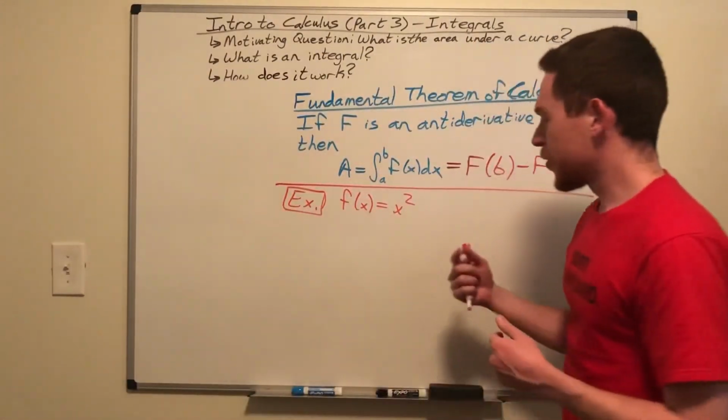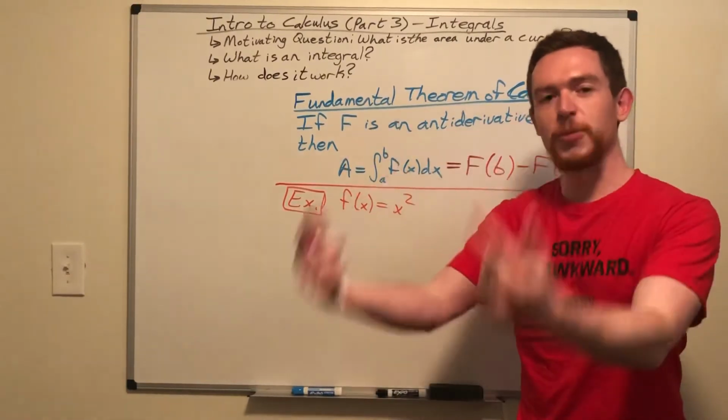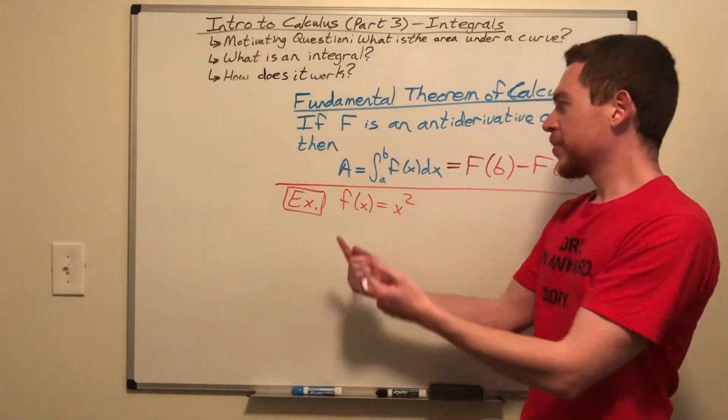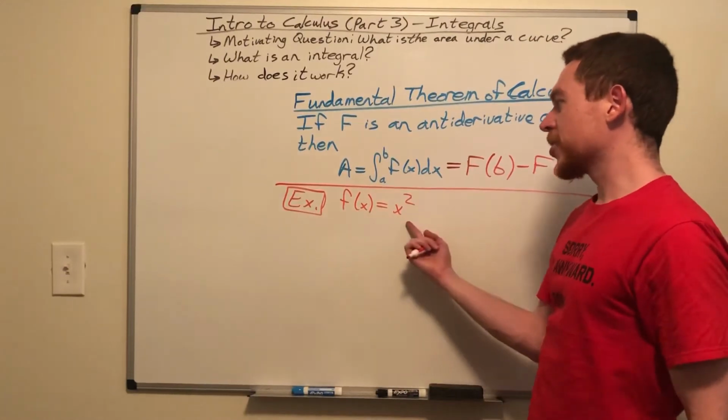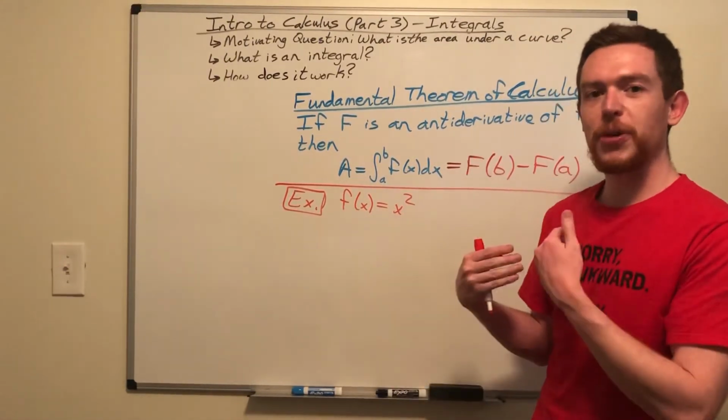It goes backwards, because with the derivative, I have my original function, I take the derivative, and I get the slope of my tangent lines. Here I'm treating this as the slope of tangent lines and asking what my original function is. So it's that backwards process.